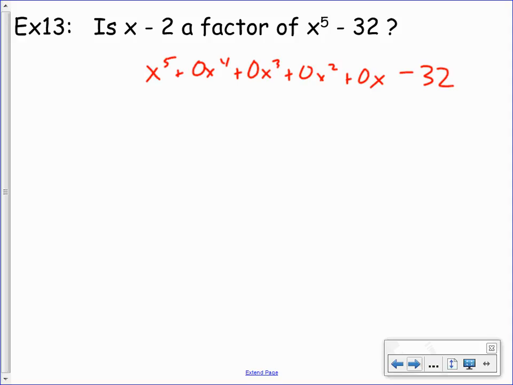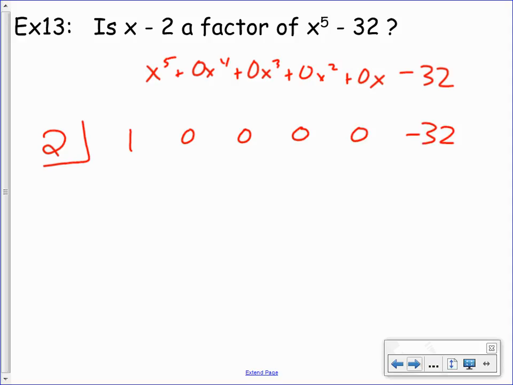Why did you do that, Ms. Fleck? Even in synthetic division, you have to make sure everything is filled in. To check if this is a factor, we're going to use synthetic division. What am I going to pull out from x minus 2? 2, right? So when we synthetically divide, it's going to be 2, and it's going to go 1, 0, 0, 0, 0, negative 32.